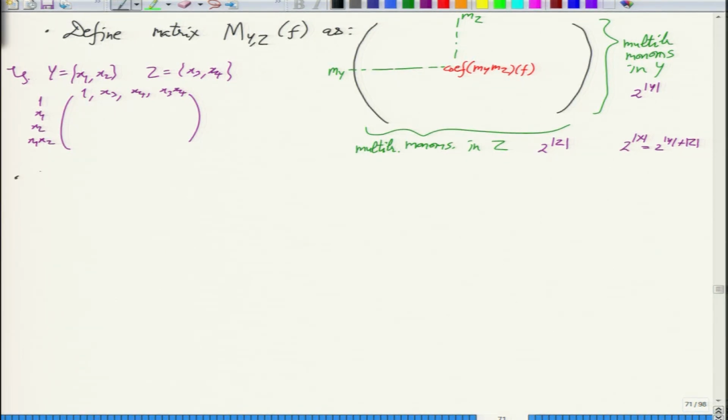Okay, once we have that definition, we also get the measure, gamma Y Z of f. This is the rank of the matrix over the field.